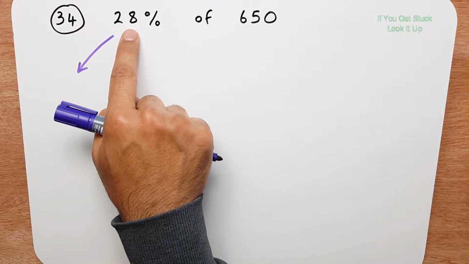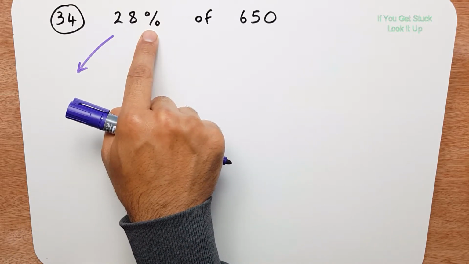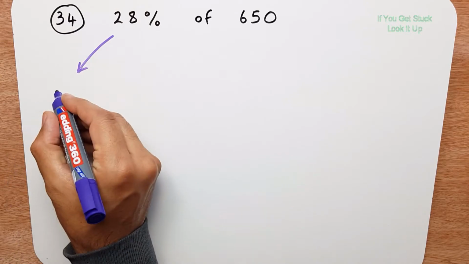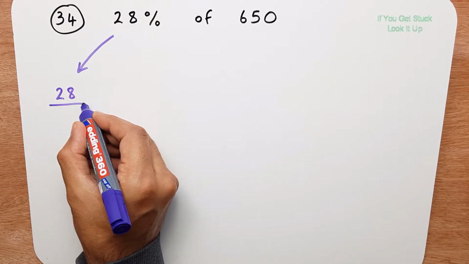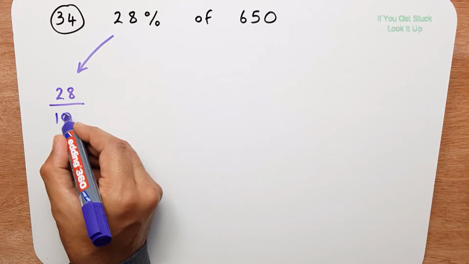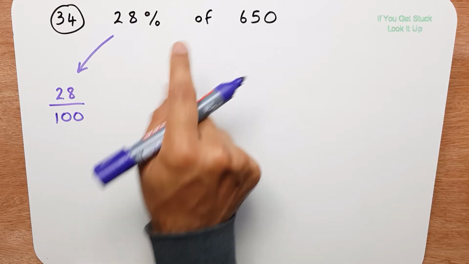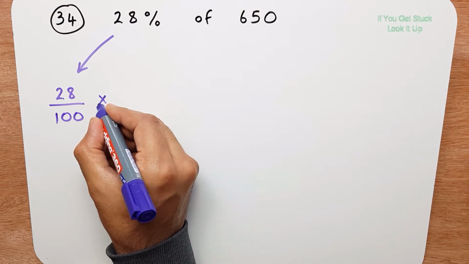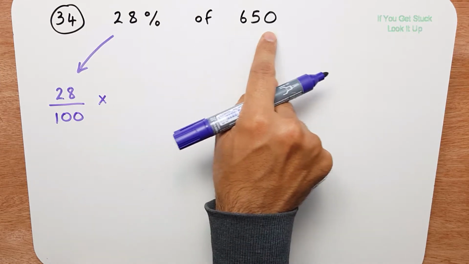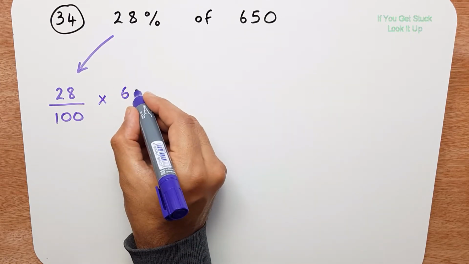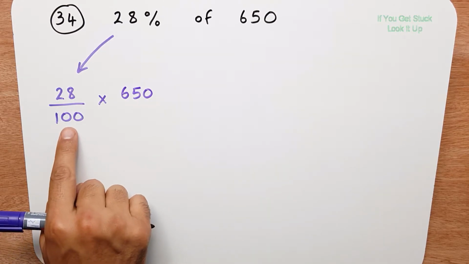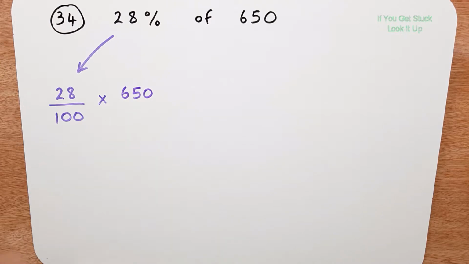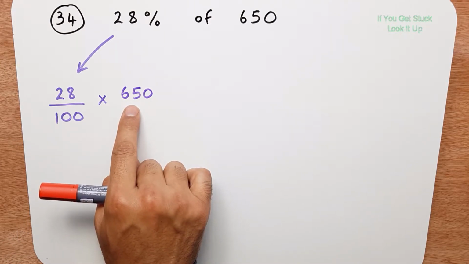So I can write out 28% like this. 28 per cent is 28 over 100. The "of" becomes a times, and 650 goes here. Now I can tackle it this way, where I've got a fraction and a whole number. And what did we say about tackling this?